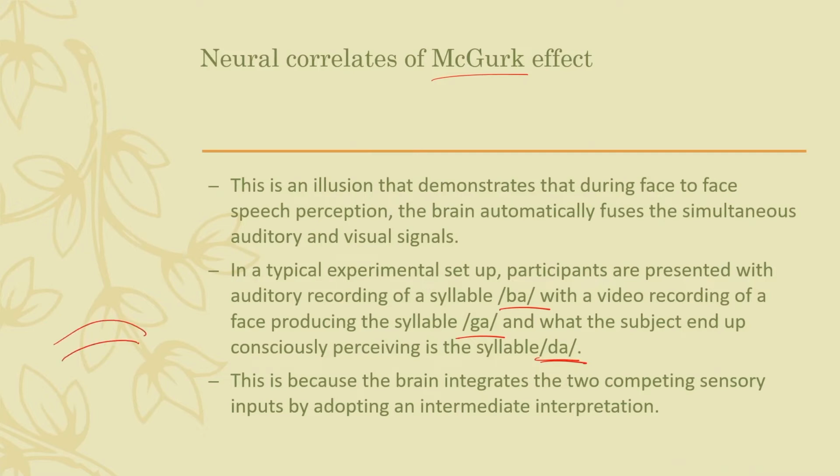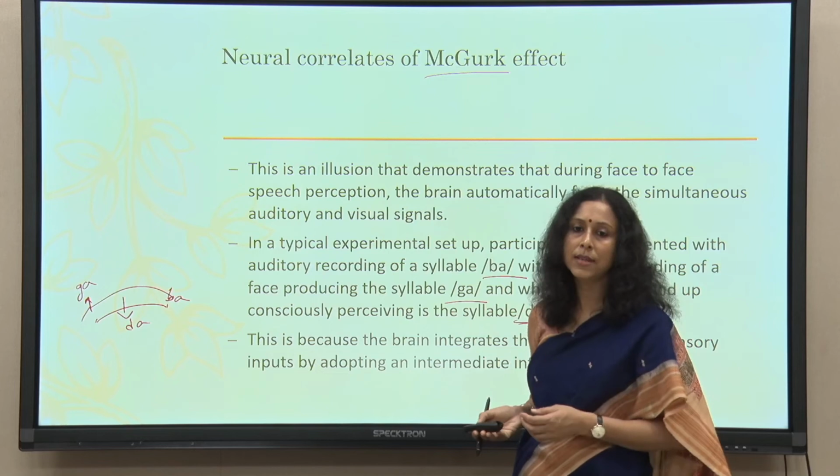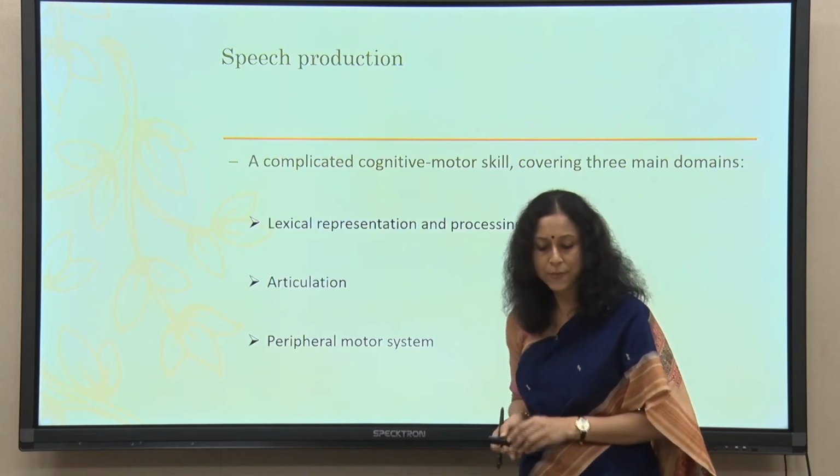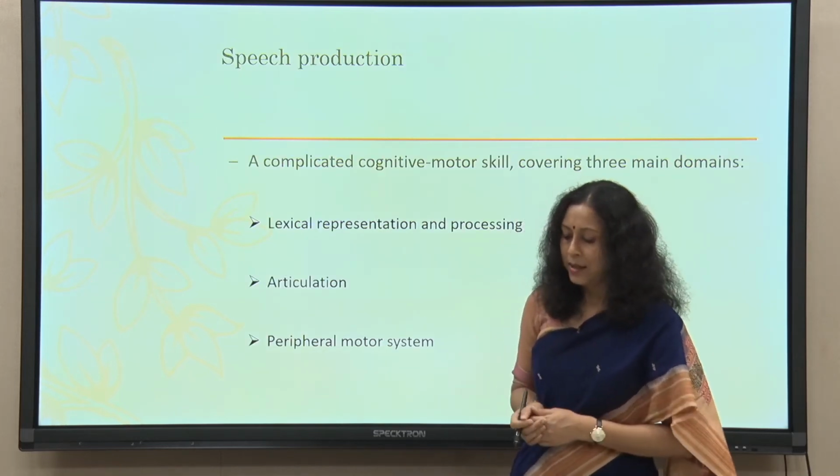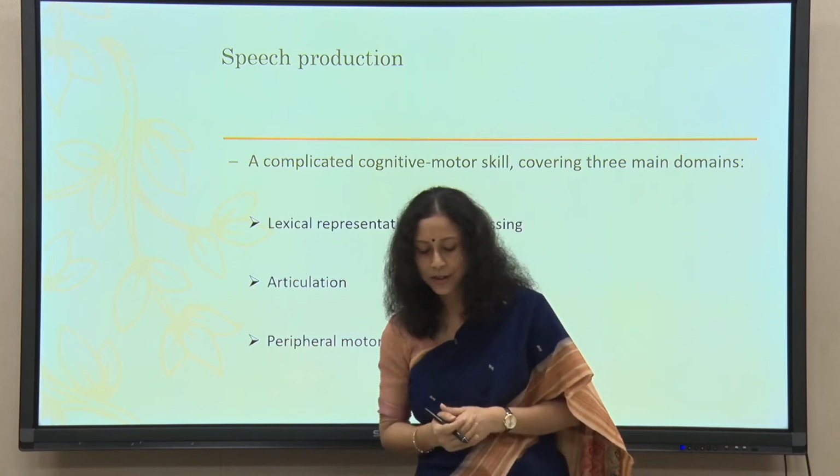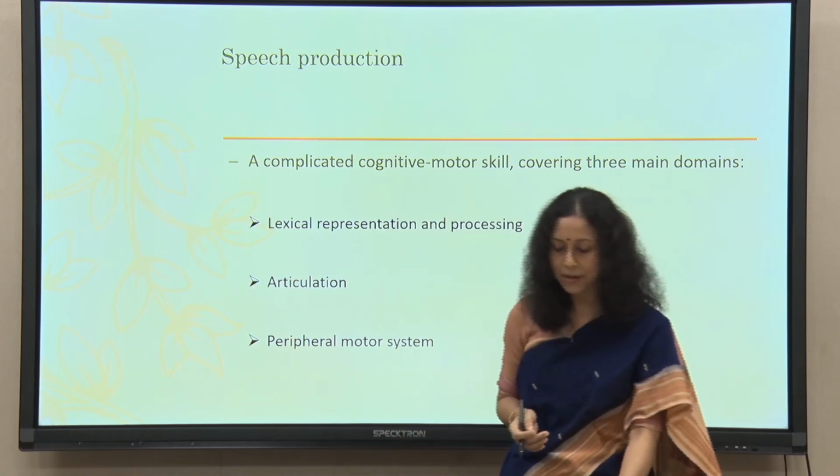If this is how our vocal channel is, then ba is produced here, ga is produced here, and what the brain ultimately thinks it heard is something in between, da. It fuses both the signals together, so the brain integrates the two competing sensory inputs and adopts an intermediate position. The brain is a fascinating organ, the most fascinating of all organs probably.